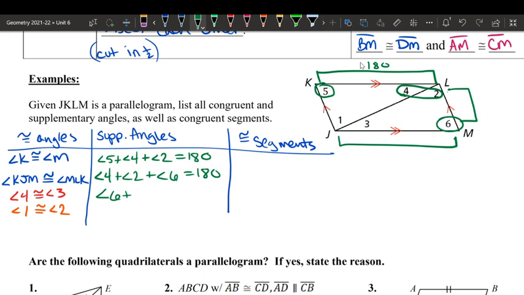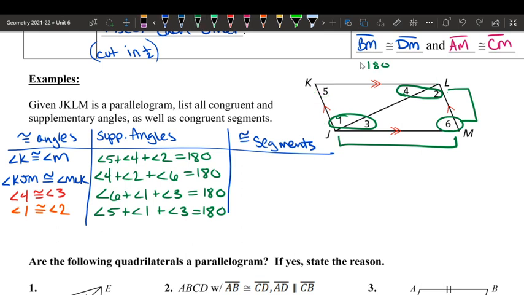And then for the corner where the J is, I have to use 1 and 3. I want the entire corner, both of those angles. So angle 1 plus angle 3 equals 180. And then the last one would be angle 5 plus angle 1 plus angle 3 equals 180. So you have supplementary angles on all 4 sides.